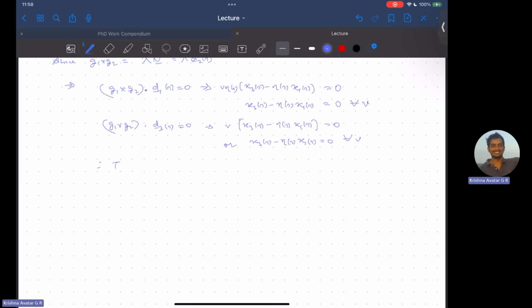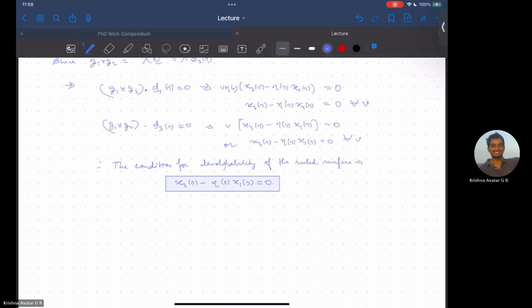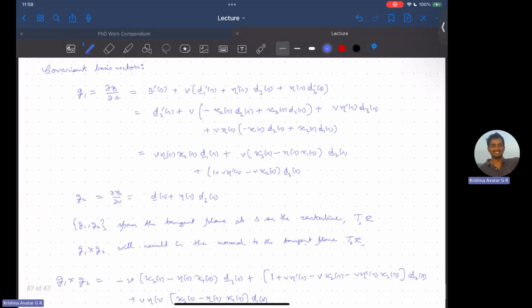So therefore, the condition of g1 vector is, now I can just bring it up here, we'll have just these two terms.